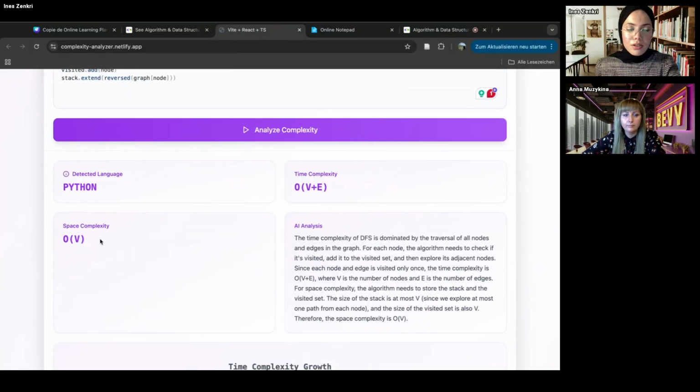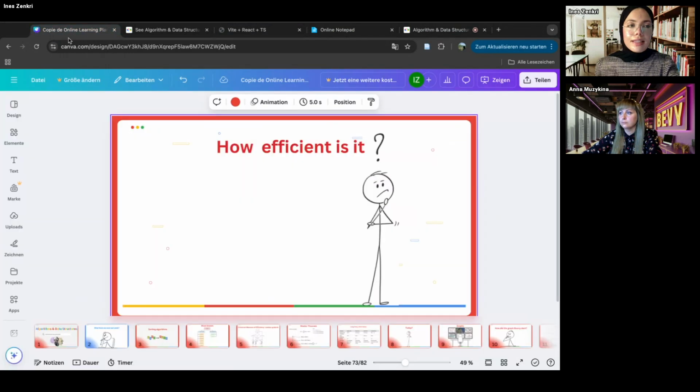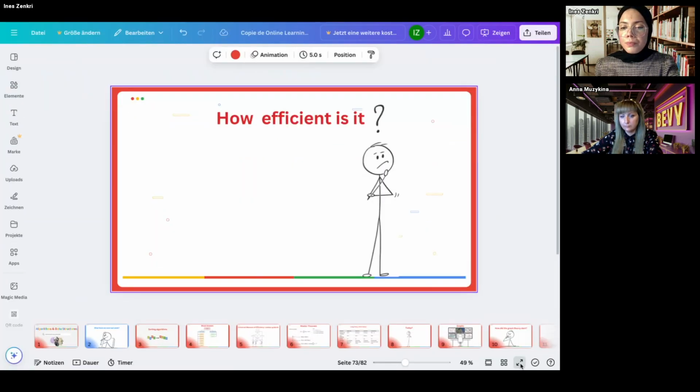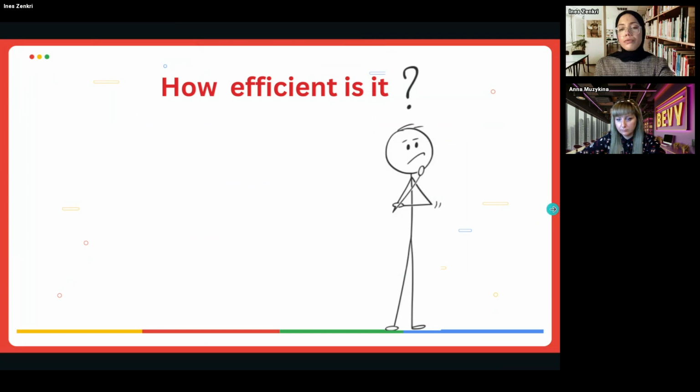The space complexity is big O of V, since we are using a stack in which we memorize the nodes we have seen, and also the set of visited nodes, which has also at max V nodes. And it says that, okay, this is a DFS and it traverses all the nodes, and its time complexity is big O of V plus E. So just like the BFS, they both have big O of V plus E.